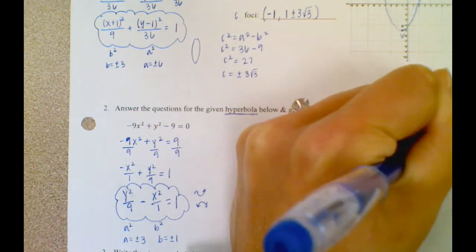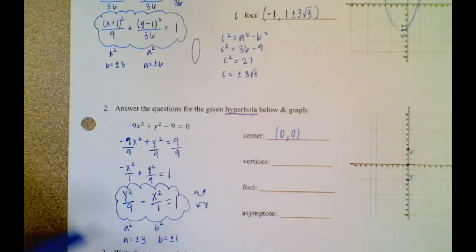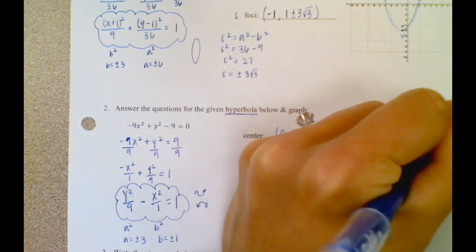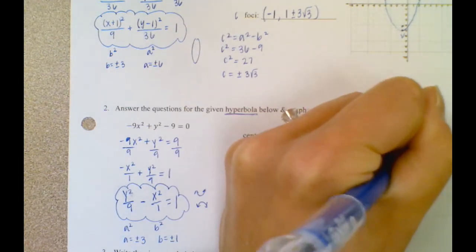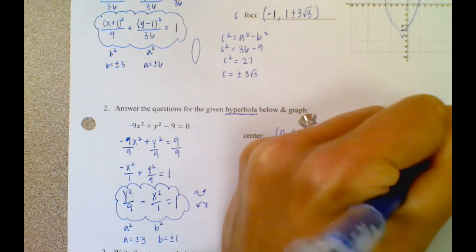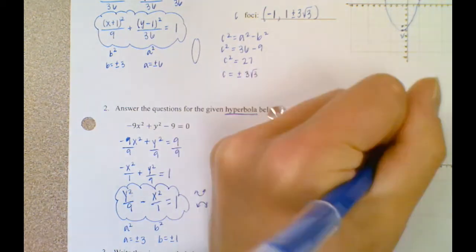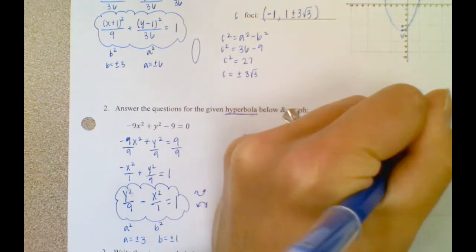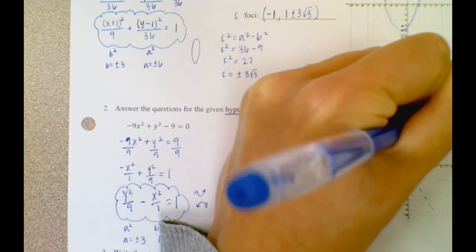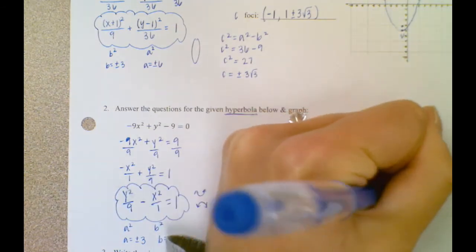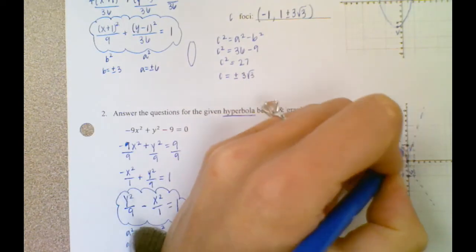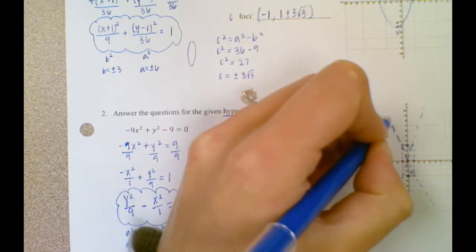for my vertices. Okay? And then the B term, I'm going to move to the left one and to the right one from my center. And that will help me draw the box of my hyperbola, which will then help me draw the asymptotes, right? Not doing a very good job with those lines.